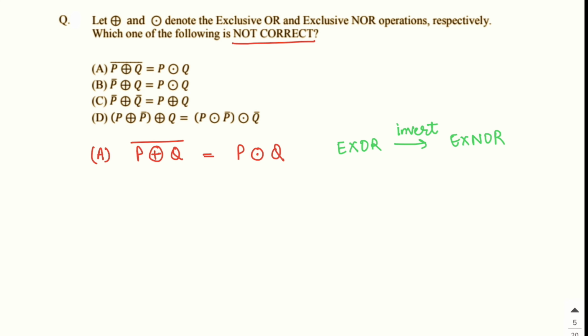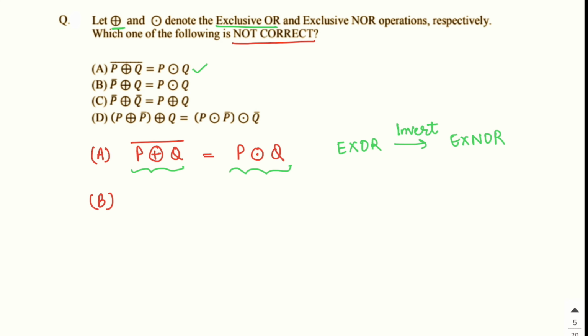So whenever we complement the exclusive OR, we are definitely going to get exclusive NOR. So the first statement is actually correct. I am looking for the incorrect statement, so this is not my answer. Let's move to the next statement.